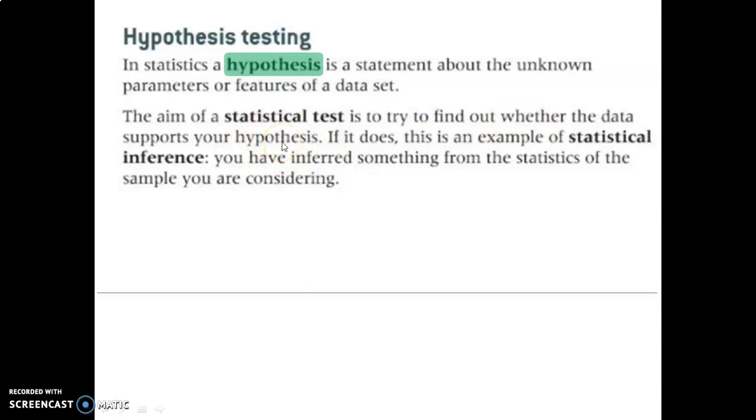We might have this data from the sample, and then we make a hypothesis or some kind of conclusion we want to make about the whole population, and we're going to run a statistical test to see if the data we have in the sample is actually a valid representation of the population. So we're checking to see if our inference or our conclusions from the sample are good conclusions. That's what hypothesis testing does.